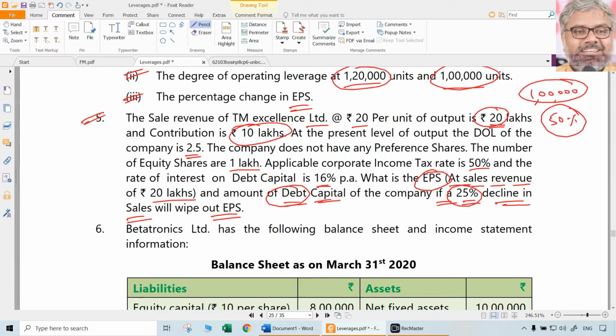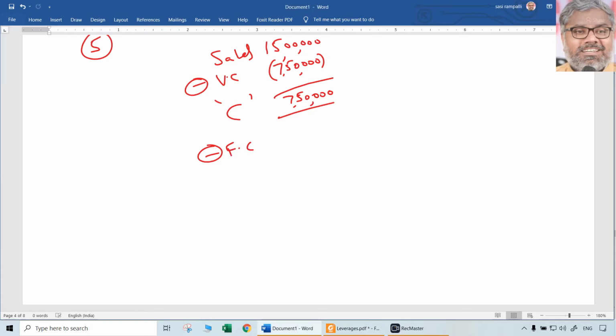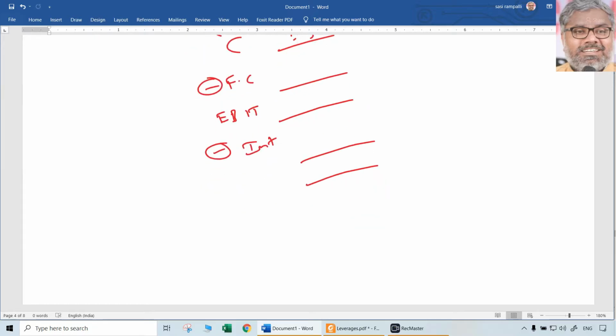From that, if the fixed costs are taken out, which are not given, then what we'll get is EBIT. From that, if interest is taken out, that will give us EBT.